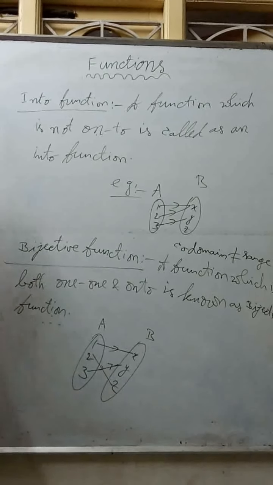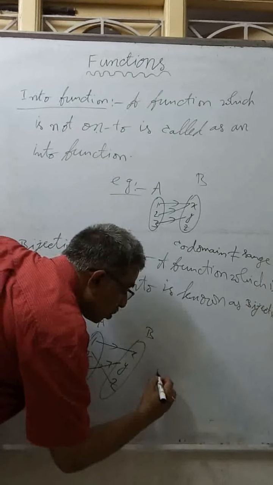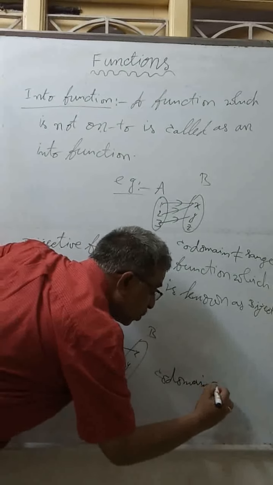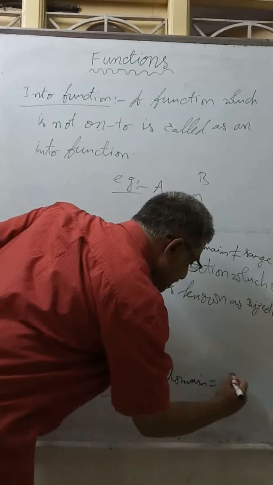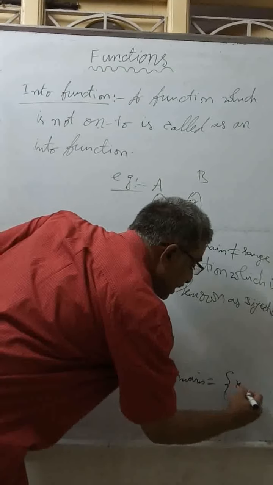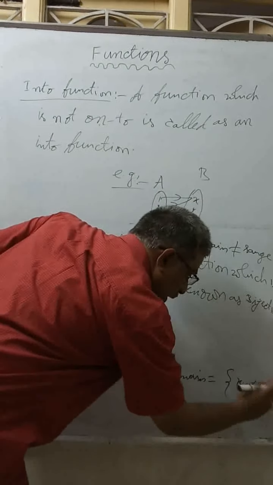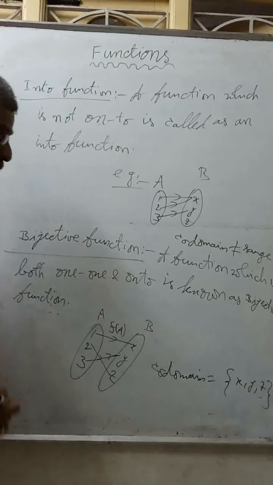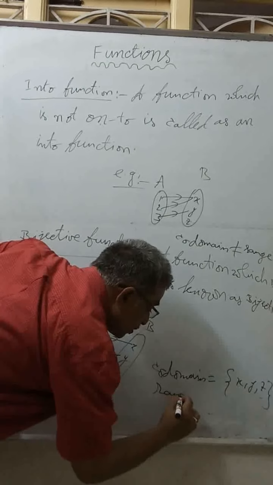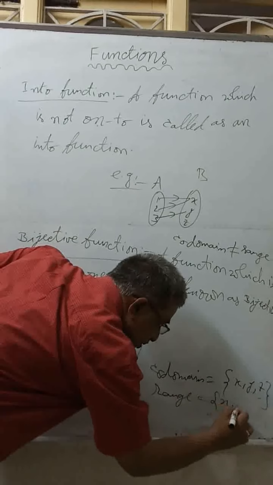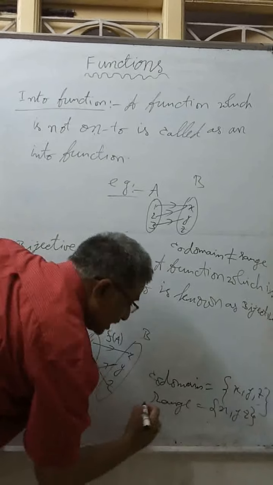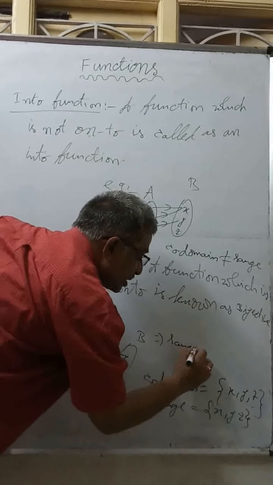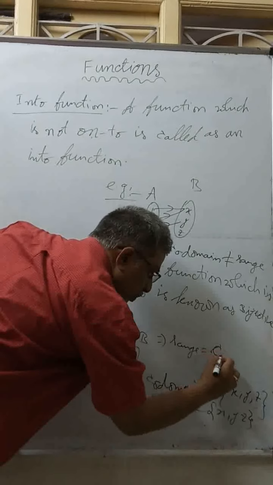As for the codomain, all the elements of B are called the codomain, so the codomain is x, y, z, and the range is f of A, which have been mapped. So the range is again x, y, z, which implies range equals codomain.